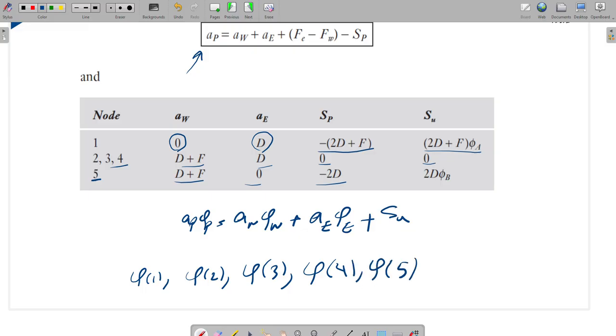Solving the linear system of equations, we can obtain these unknown results.